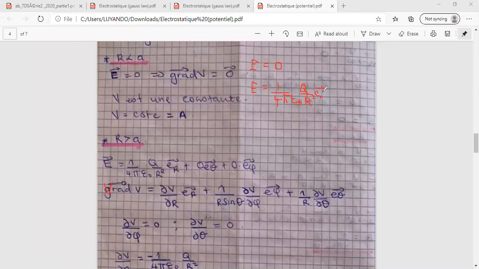So this is what we had. So for the first one, to calculate the V at the interior, we found that our E was equal to 0. So what we simply do is integrate this side and integrate this side.